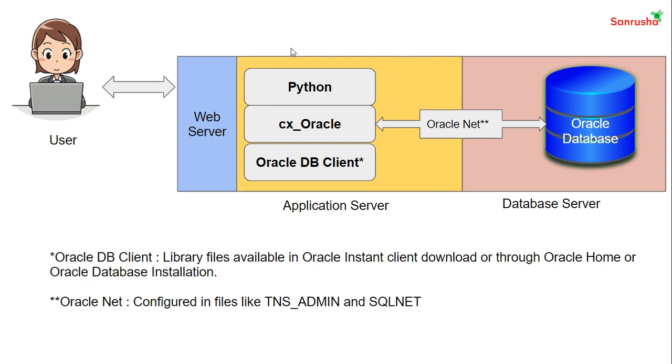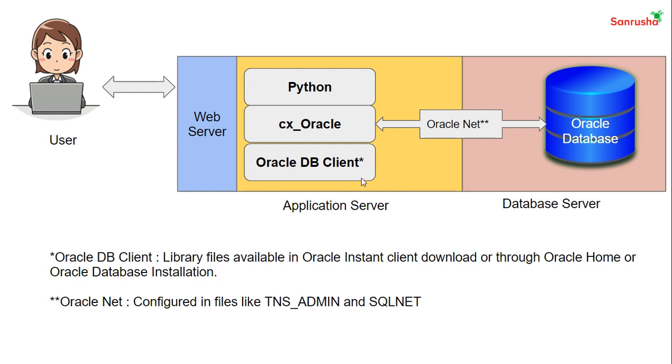For example, consider your application server is built on a Unix platform. You need Oracle DB client, which is full of libraries and code written by Oracle, which will help you connect your application server, your machine, with Oracle database.